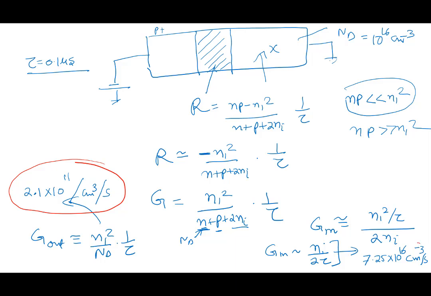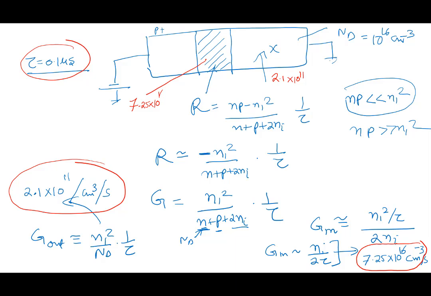Generation rate inside the depletion region for the same value of tau, 0.1 microsecond, 7.25 into 10 power 16.